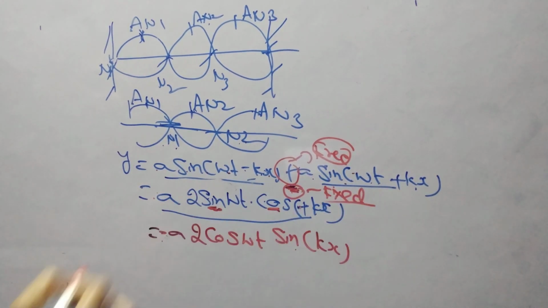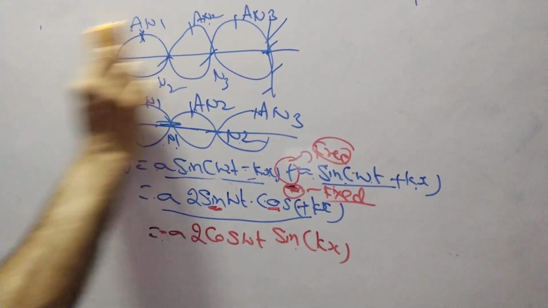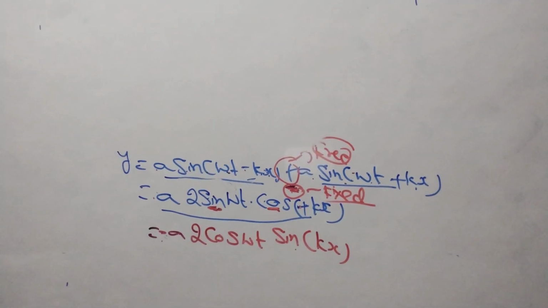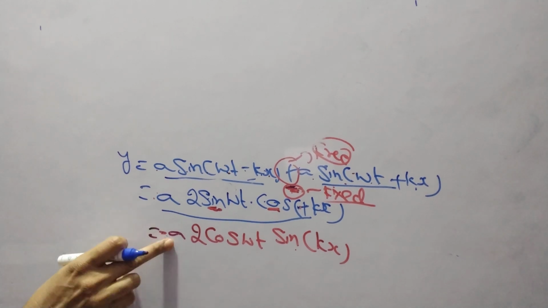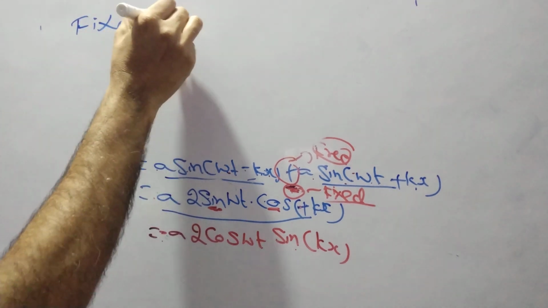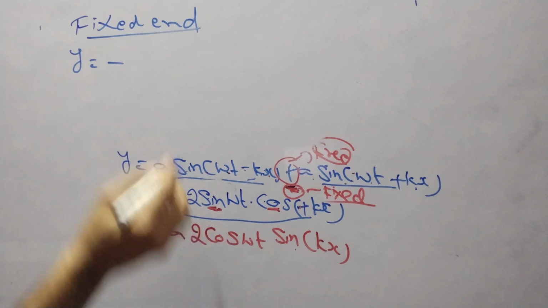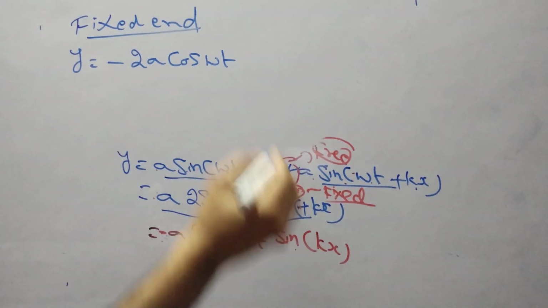Okay, these are fixed, right? Now we got two equations here. I will take these two equations. For the fixed end, the equation is this one: y equal to minus 2a cos omega t sin kx.